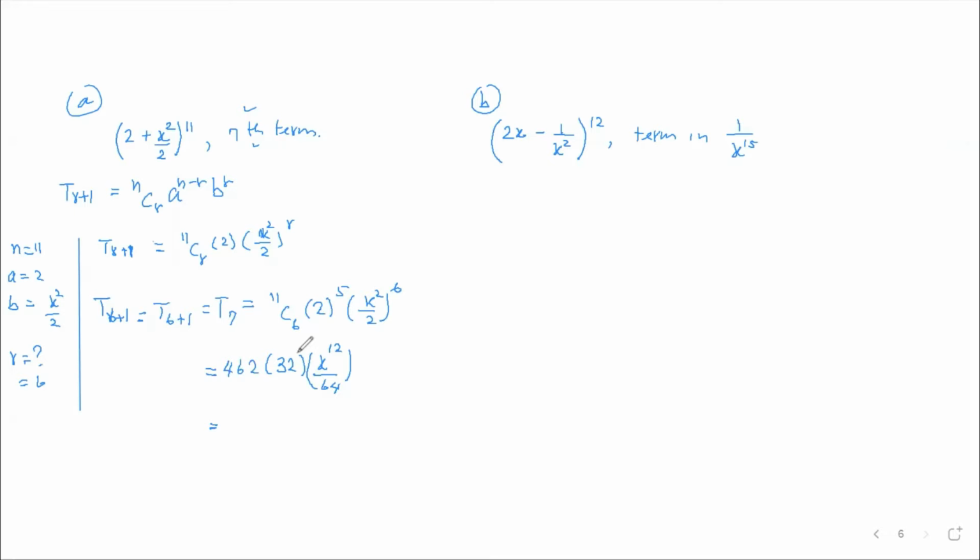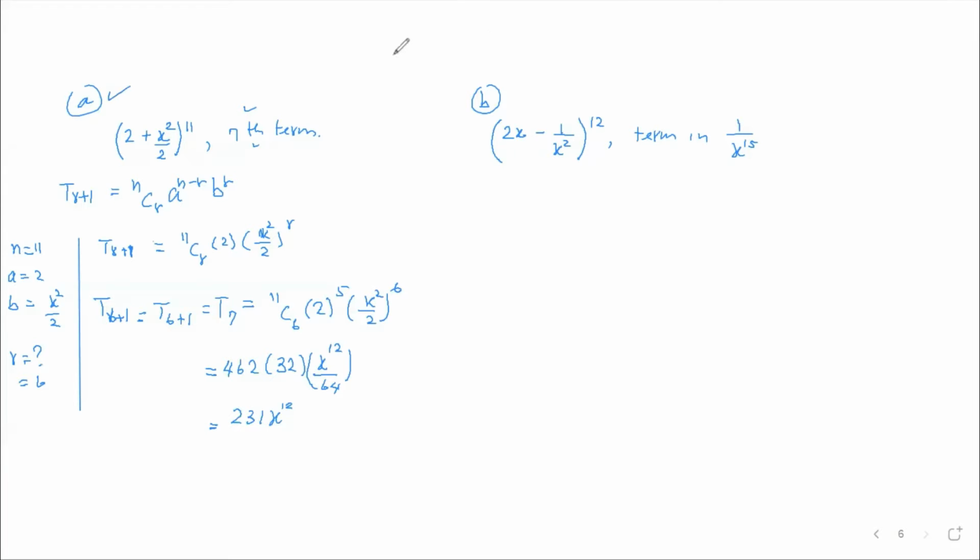We have 462 times 32 divided by 64, so we are left with 231 x power 12. So that's our final answer for question A.